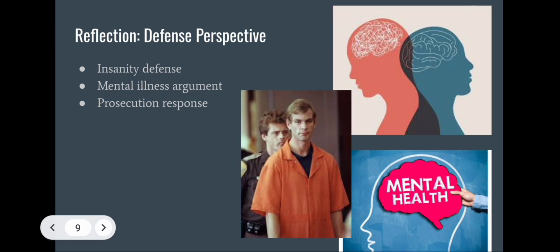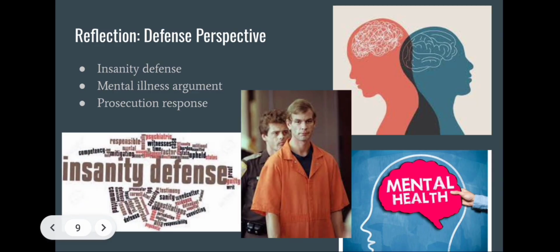However, the prosecution successfully countered this by showing that Dahmer demonstrated planning, concealment, manipulation, and awareness of wrongdoing. This provided legal sanity under criminal standards.